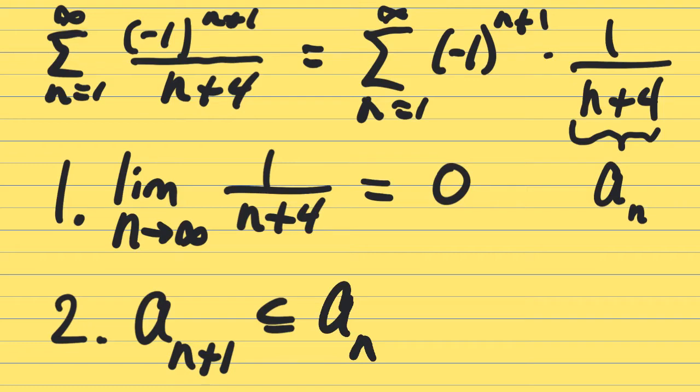If you let n be 1, you have 1 over 1 plus 4, which is 1/5. If you let n be 2, you have 1 over 2 plus 4, which is 1/6.